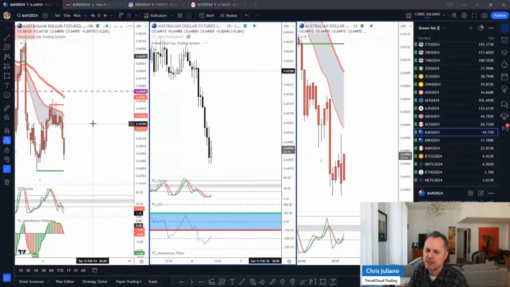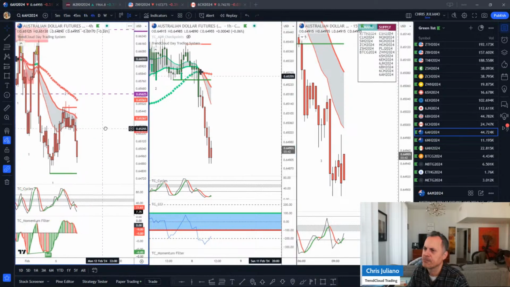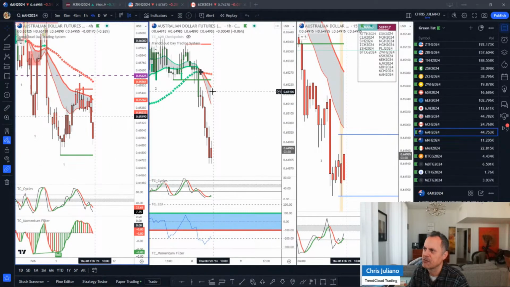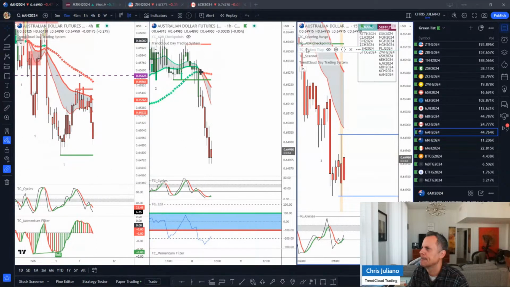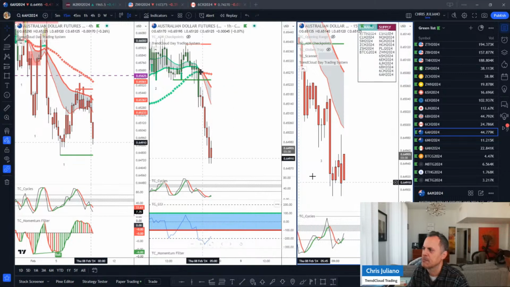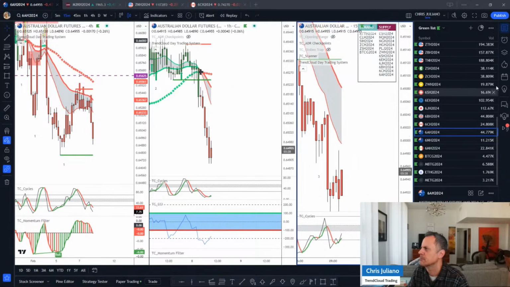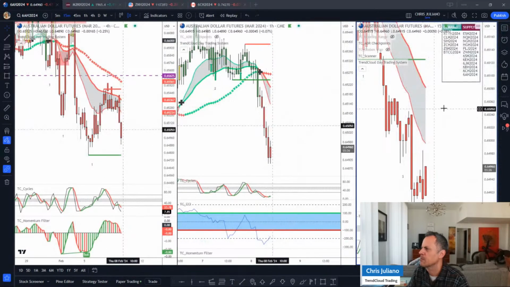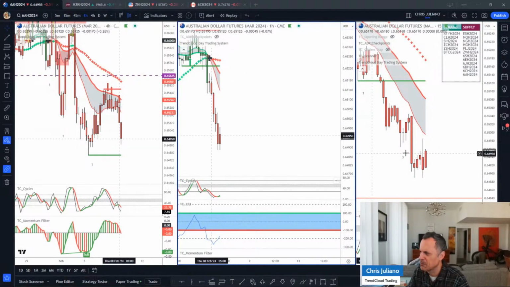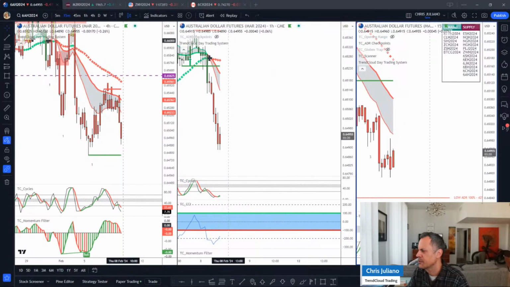Aussie dollar, total downtrend, right? Ripping to the downside, very strong trend to the downside on all time frames. Momentum is down, right? Starting to cycle back up. Where's it going to go?